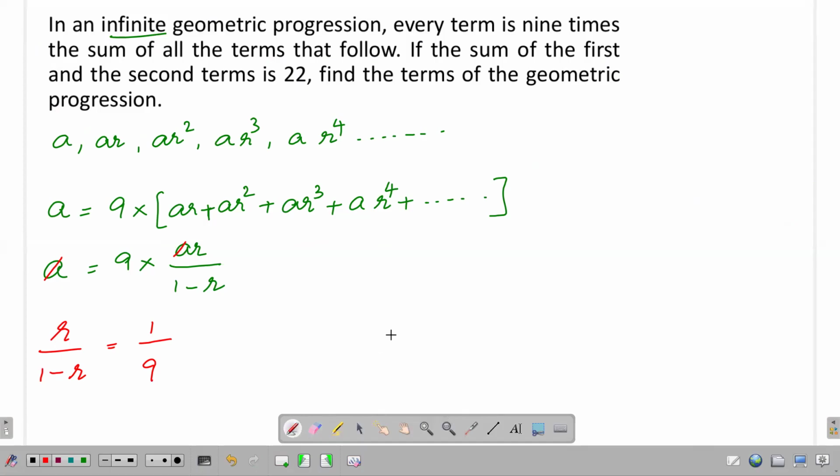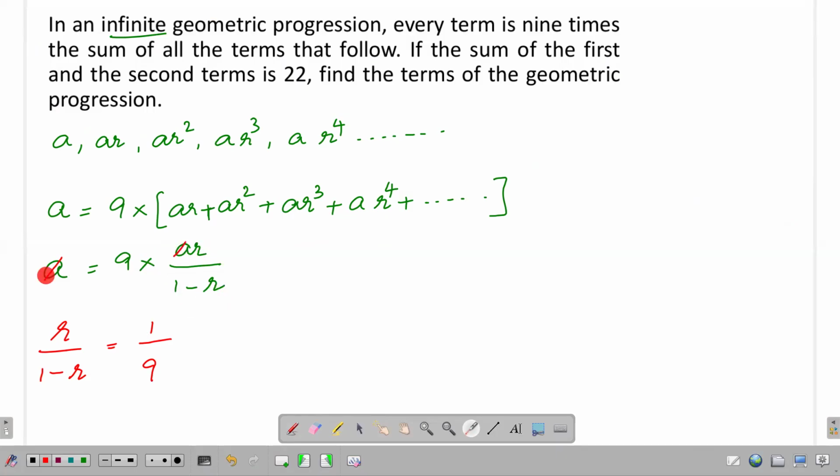There you have something like Sn is equal to a into r power n minus 1 by r minus 1, and the other way around can happen. But that is not an infinite geometric progression. Here, the series given is an infinite geometric progression. That's why we go by a by 1 minus r.